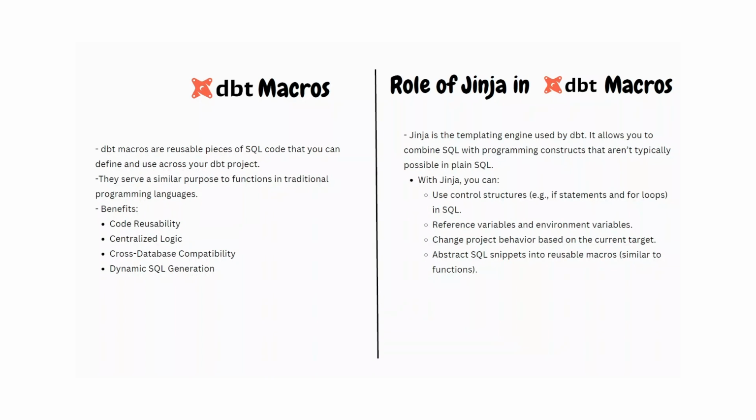For example, if the target is prod, we should do something as per prod. If it is dev, something else. In simple words, it makes our models, or dbt in general, much stronger. It's a stronger, more dynamic SQL, we can say.